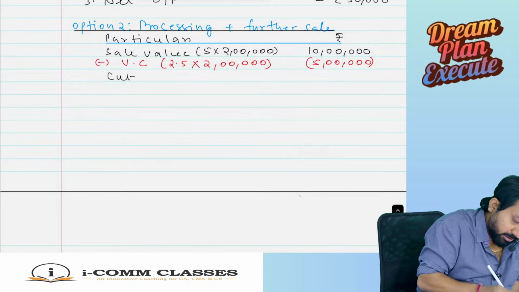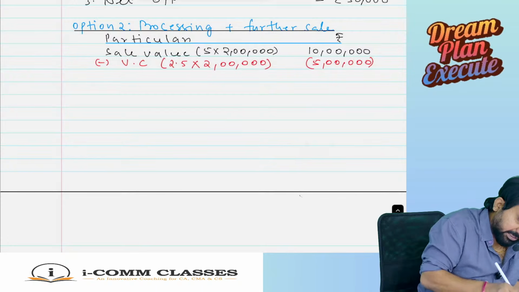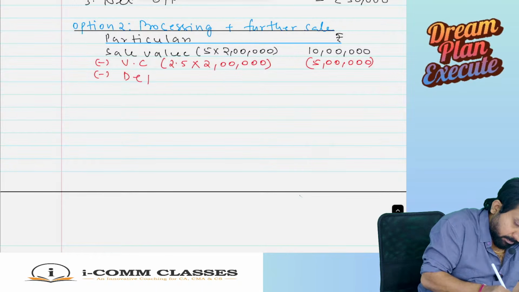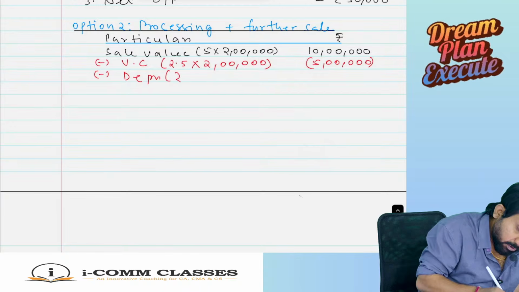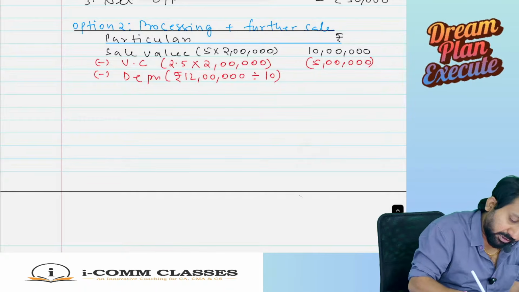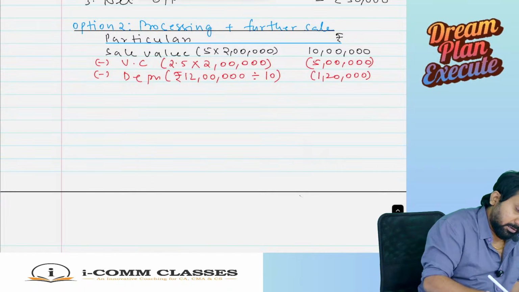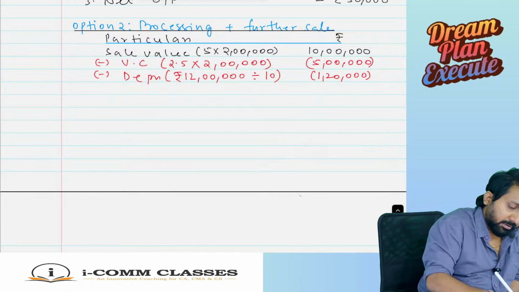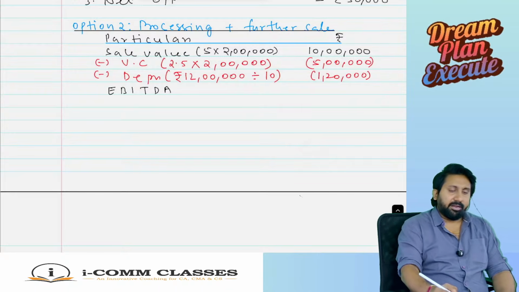Minus depreciation. Depreciation, how much they said? Rupees 12 lakh divided by 10 years. So how much? 1 lakh 20. This we can call as EBITDA.